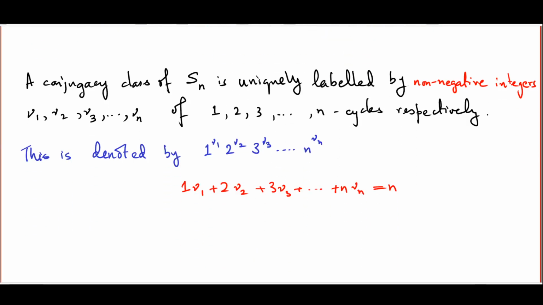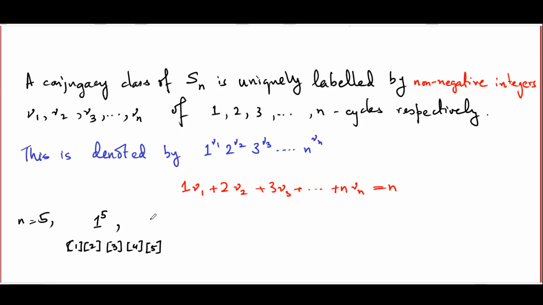For example, in the case n equals 5, that is, for S5, the possible cycle structures are, of course, 1 to the 5, we could have 5 1 cycles. That is an element which essentially has 1, 2, 3, 4 and 5 each in their own 1 cycle. And that means, of course, that we are talking about the identity element here.